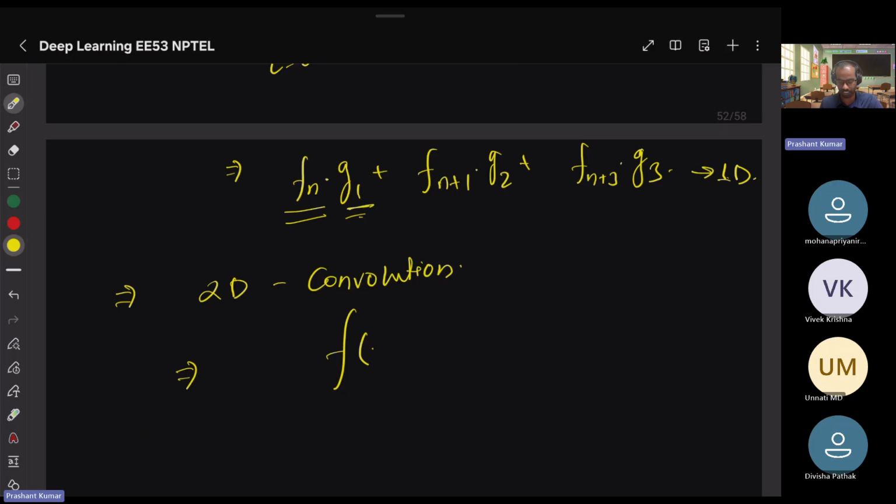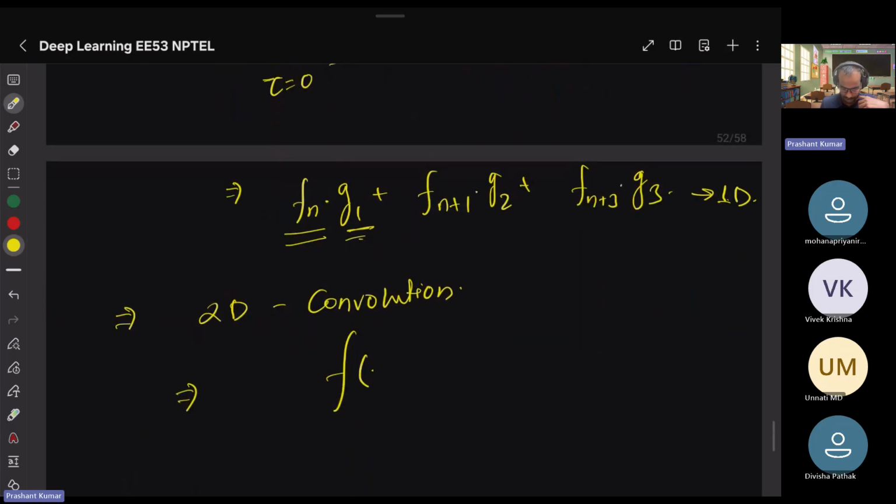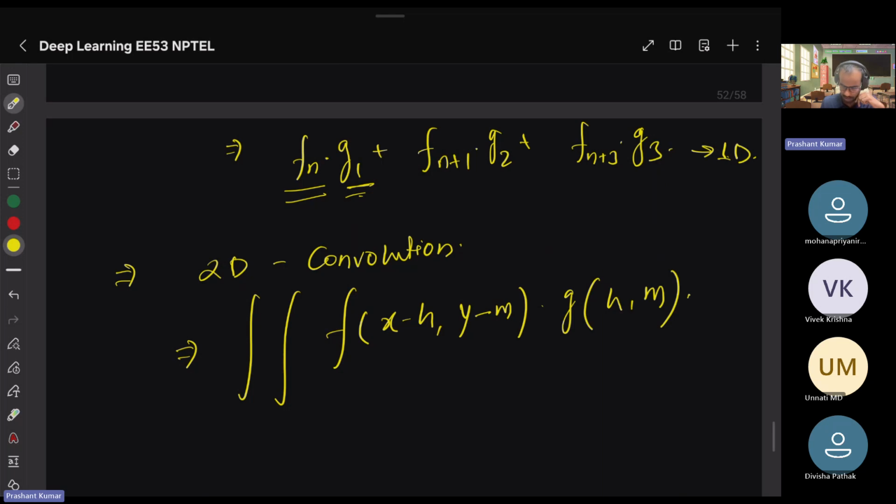Let's say if this is on time, this is x comma y, x minus h into y minus k, let's call it something, m into g, and then you integrate it over dh into dm.